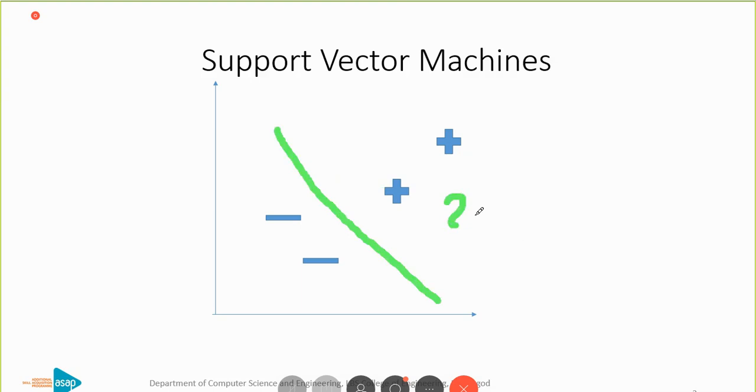You can compare this decision boundary with the decision boundary of other algorithms as well. Now, how to divide this decision boundary using support vector machines? Here, we need to divide these positive samples from the negative samples. I can draw a straight line like this.